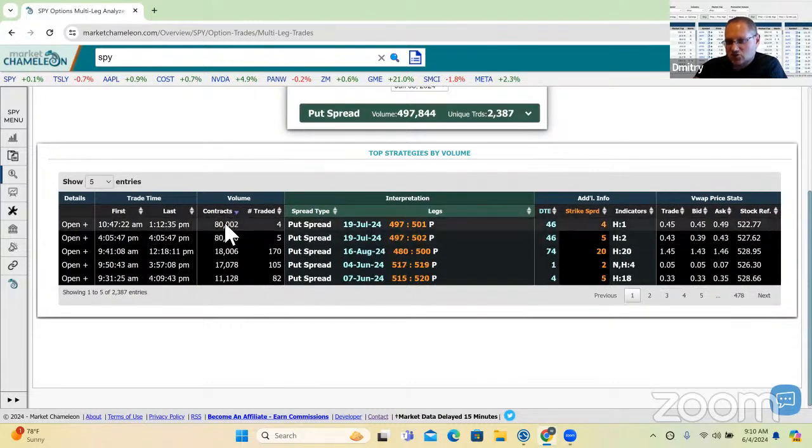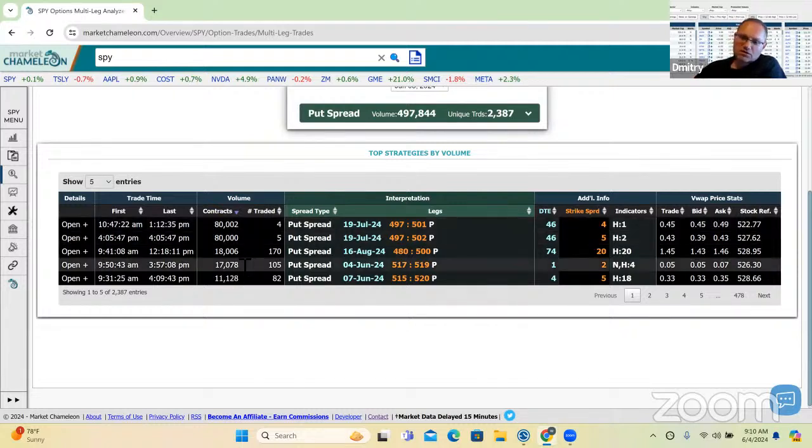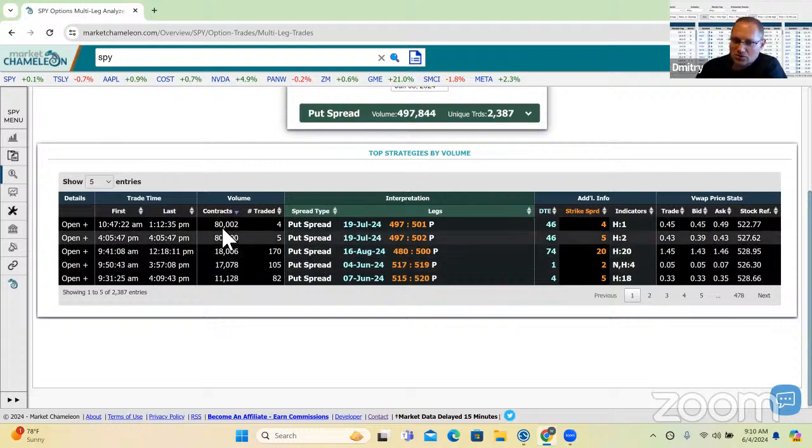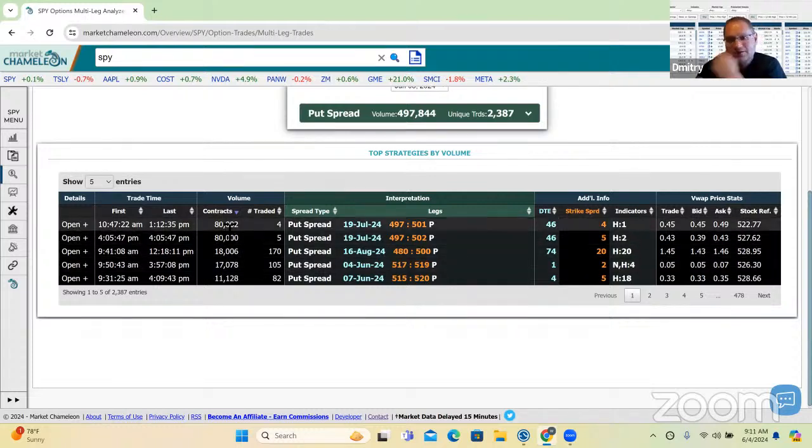This is sorted, or defaulted, by the most volume. So these are contracts here. What we see is this top one, from 10:47:22 a.m. to 1:12:35 p.m., we detected trades in this particular put spread, July 19th 497/501 put spread.